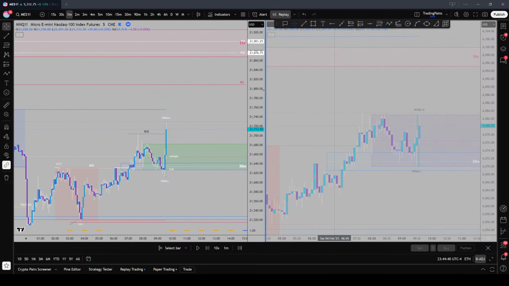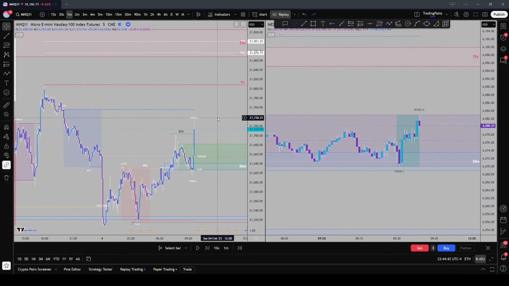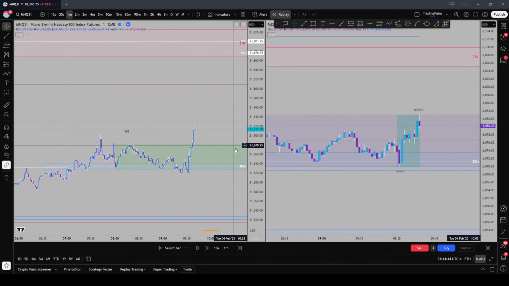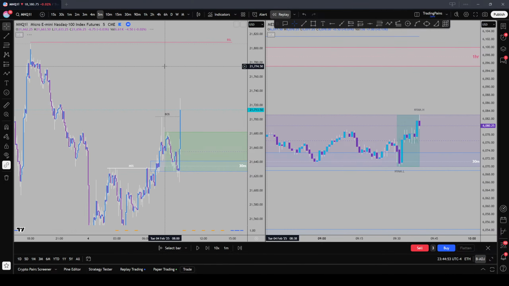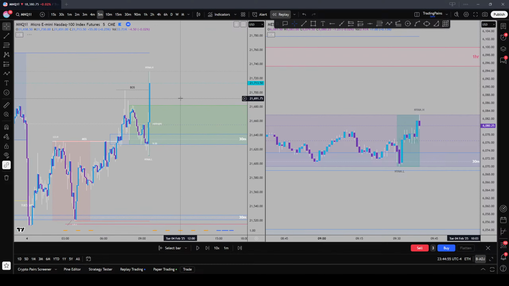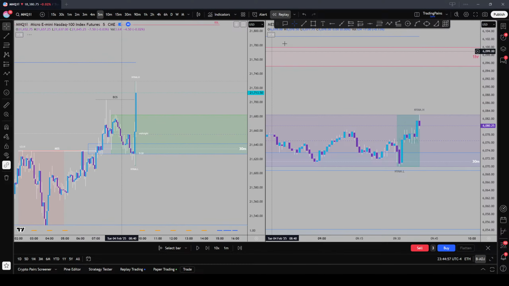We go down to 1 minute. Maybe 5 minutes is a little easier to see. But technically, on 5 minutes, I would want to enter a trade when it gets pretty much back into this area.